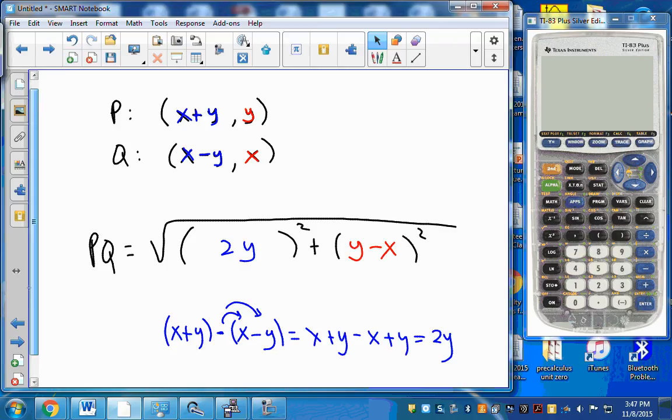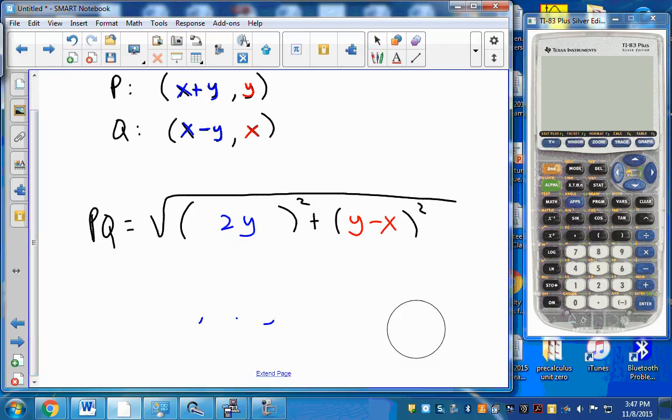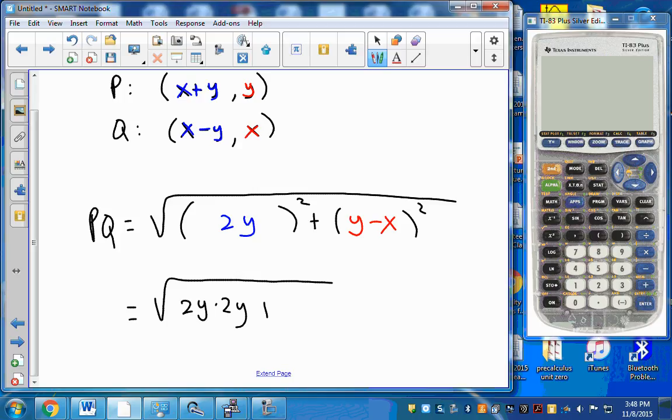So let's see. Let me get rid of this work and we'll just clean up the expression. So we've got 2y times 2y, so that's 4y squared. And then when we square this binomial, we have y squared minus 2xy, and then plus x squared.